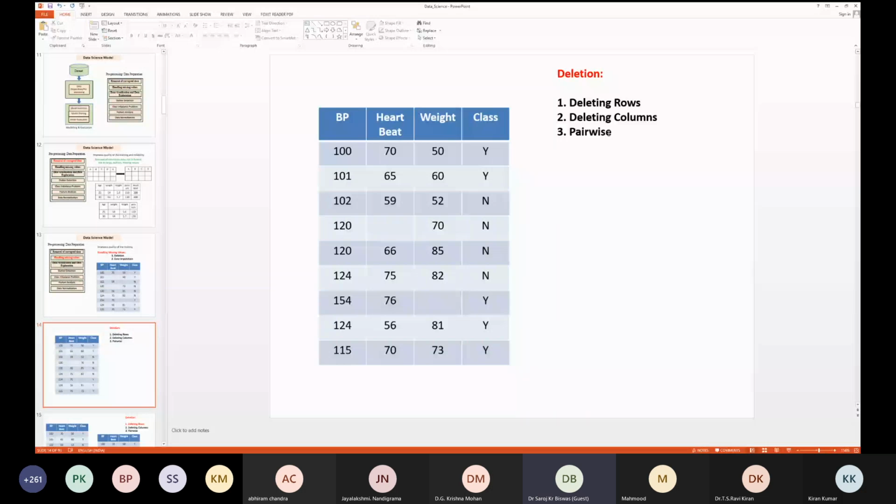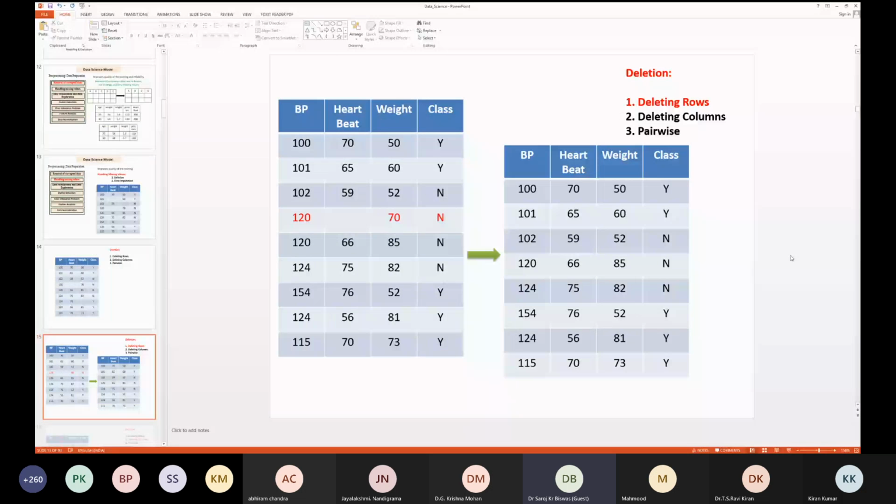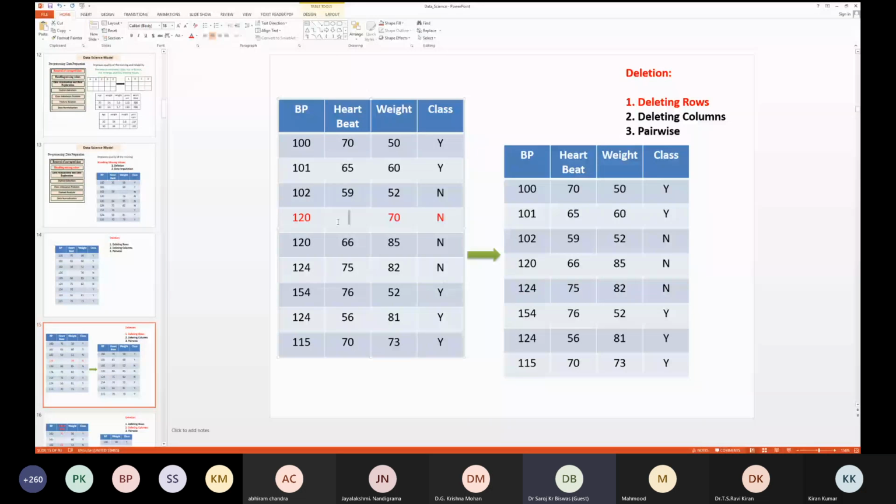Coming to the first one, deleting rows. In this database, we are looking at this data that is missing here. So it's better to remove the whole example from the training. We remove this one and refine the database, and this will be a new database. This is called deleting rows. But I'm pointing out one point.